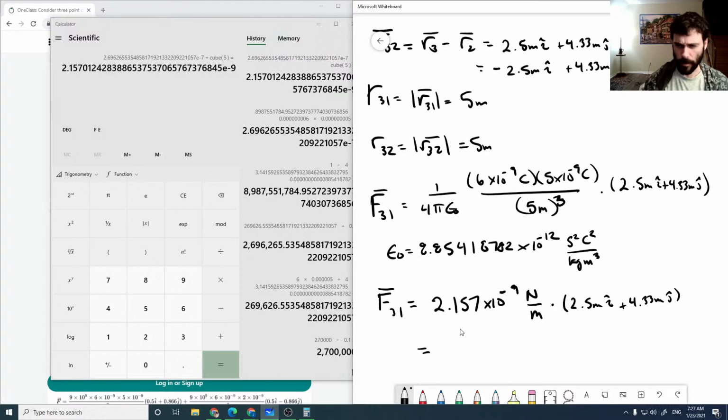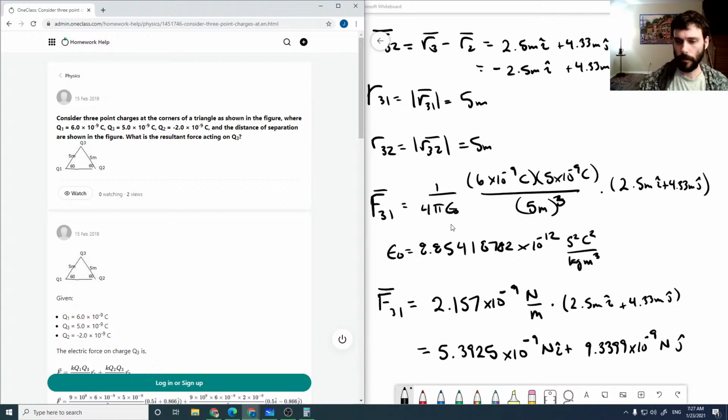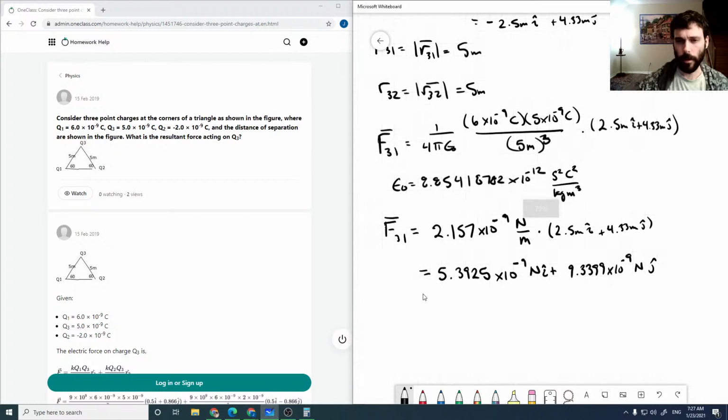And so then this will come out to be 5.3925 times 10 to the minus 9 newtons i hat plus 9.3399 times 10 to the minus 9 newtons j hat. Okay, and then so that's our F31.